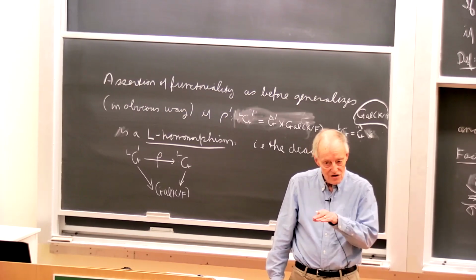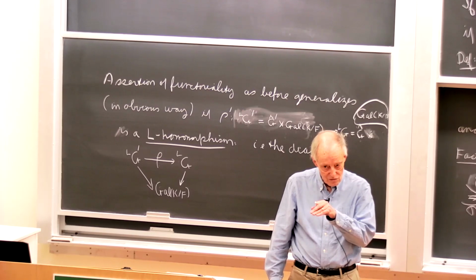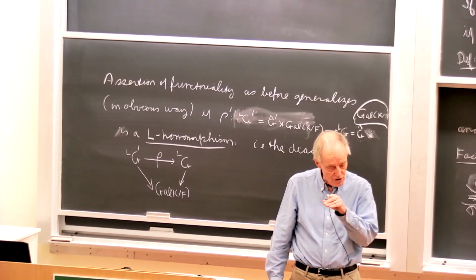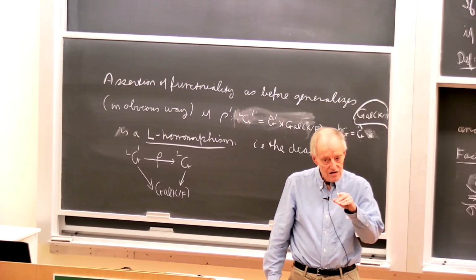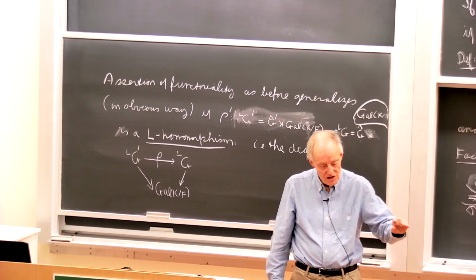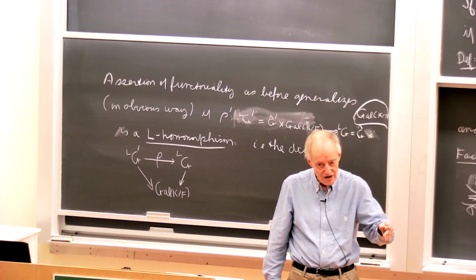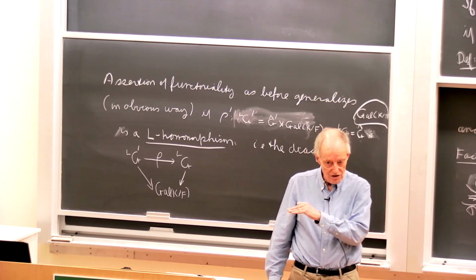But next week, or maybe on Friday, I will start talking about the remainder of Langlands' article, in which he proposed parametrizing all representations of the p-adic groups, of the completions, by homomorphisms of the Galois group, or something bigger called the Weil group, into the L group.